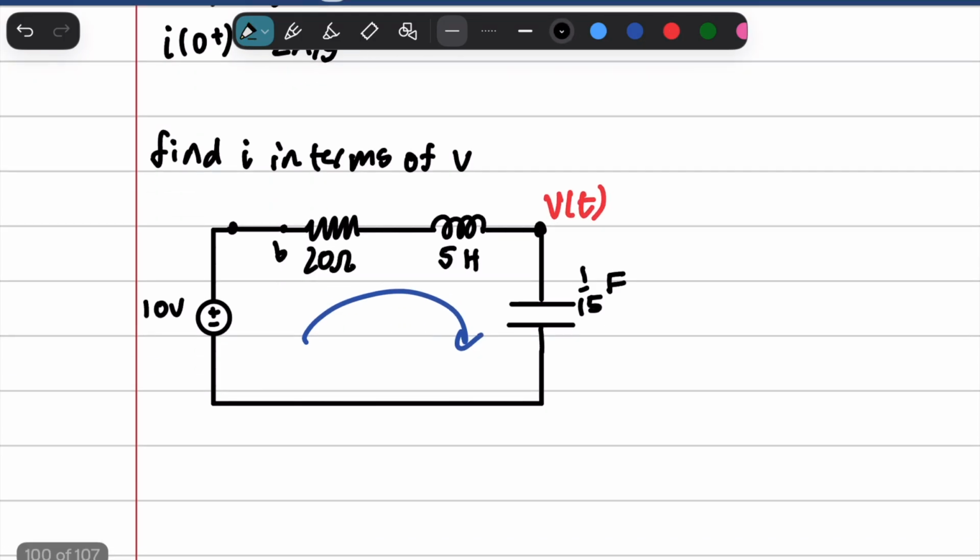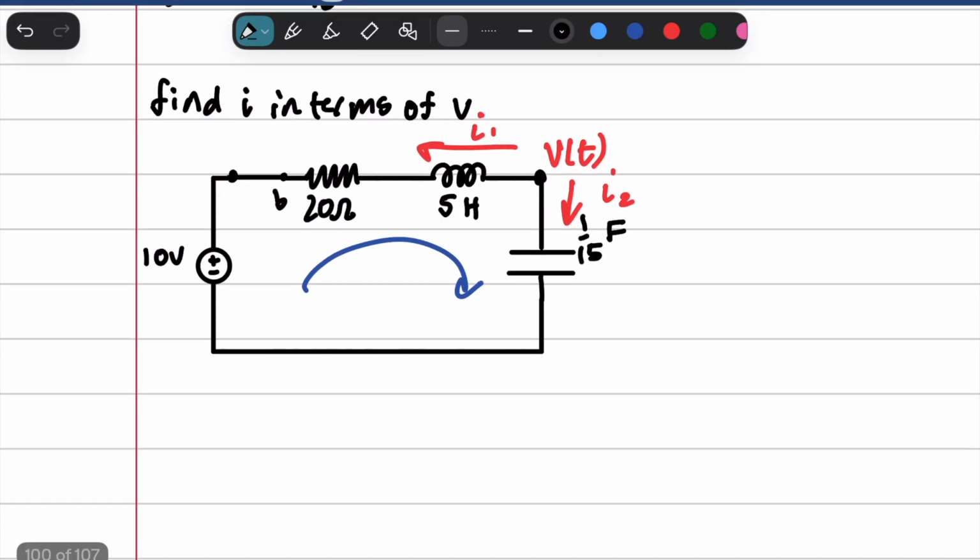The idea is that we want to get the current through here, and we want the current through here. Now, the question is, how do you write this in a current form? Well, you really can't, or at least I don't know how to. So instead, we're going to walk up from here and here and here using the regular convention of the i that we found.